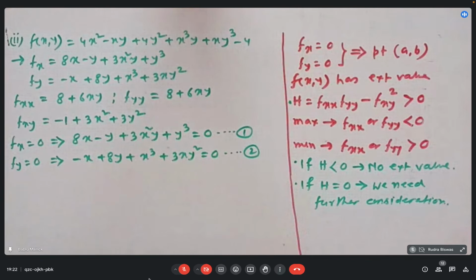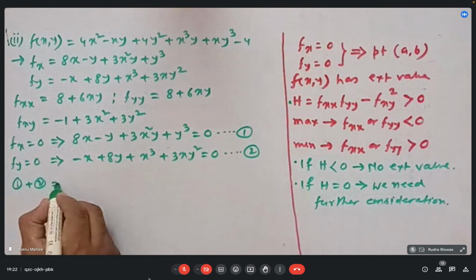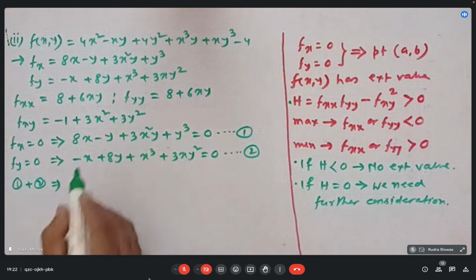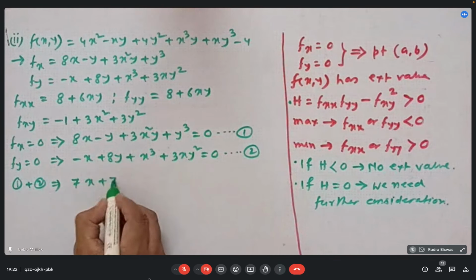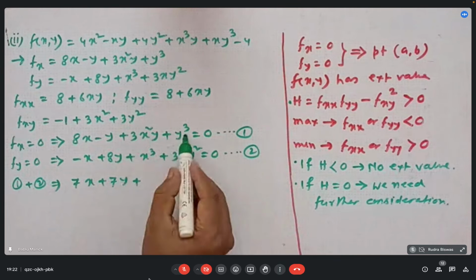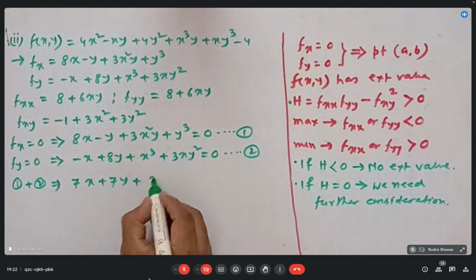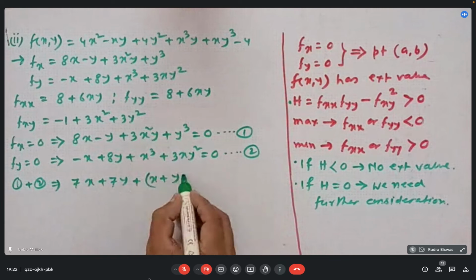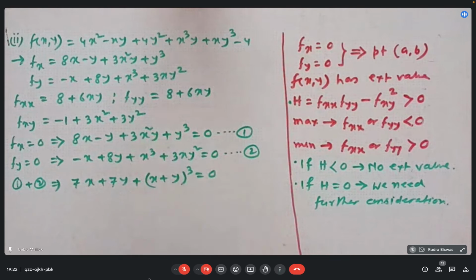We shall solve to get x and y. If we add them, what are we getting? 1 plus 2 gives 7x plus 7y, and the remaining 4 terms give x plus y whole cube is equal to 0.